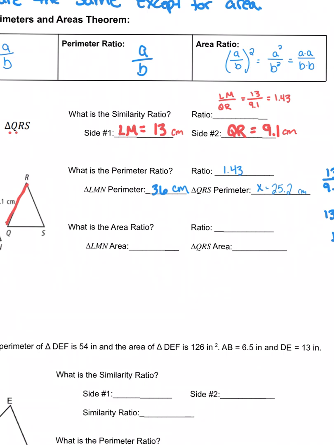So we know the ratio is going to use that same number. It's that 1.43. However, we need to make sure that those numbers are squared.